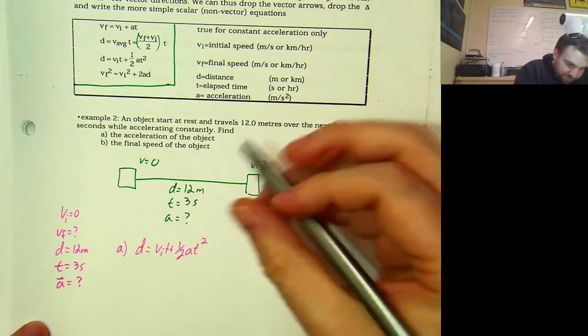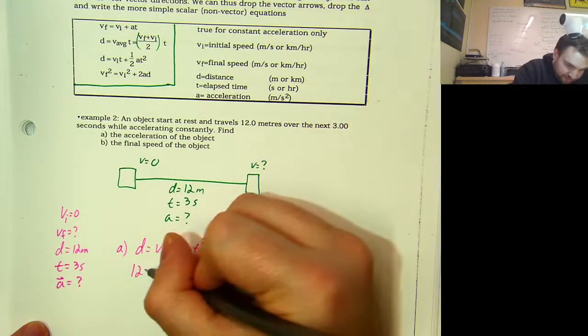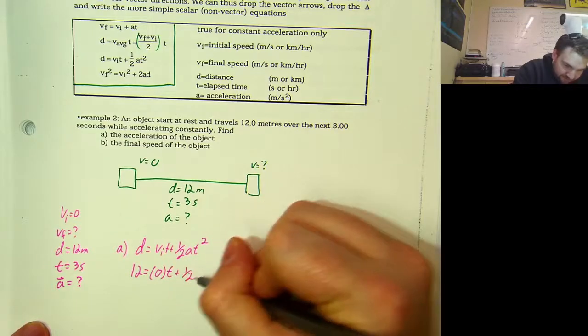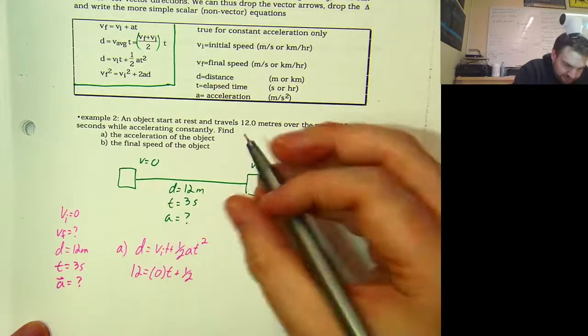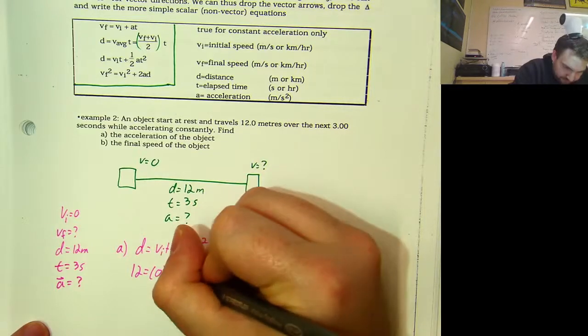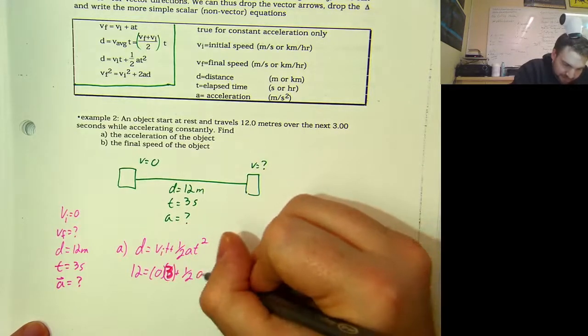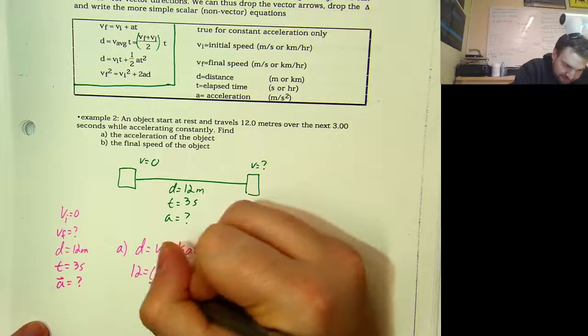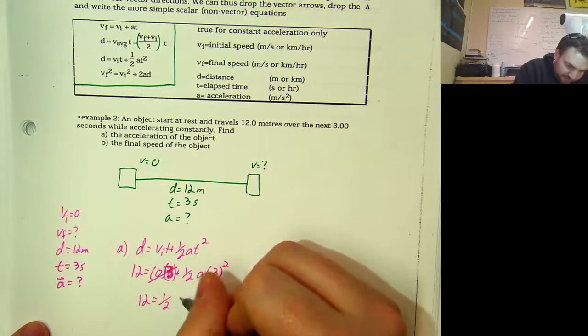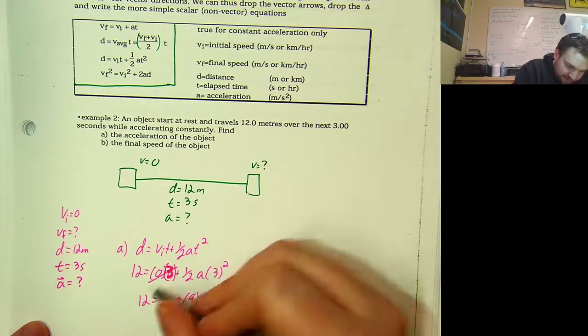I'm going to fill it in. My distance traveled is 12. My VI is 0 times T plus 1/2. Oh, I shouldn't put a T there. I should put a 3 there. Plus 1/2 A times 3 squared. Oh, that's 0, so that's gone. So 12 is going to equal half A times 9.